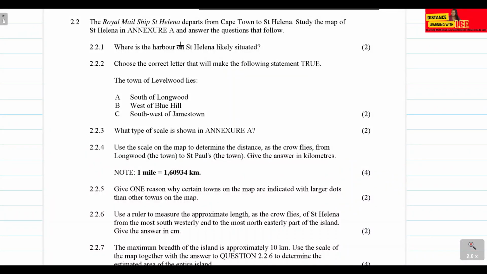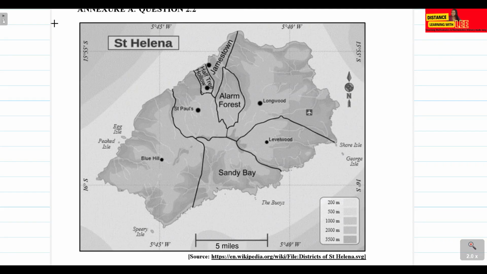It's not rough water. Okay, so now looking at the map of St. Helena that is given to us, where do you think the harbor is? Or where do you think it would be likely situated? When you look at the map of St. Helena here, you will see that the harbor is probably by Jamestown, because we can see that that city is situated towards the coast.